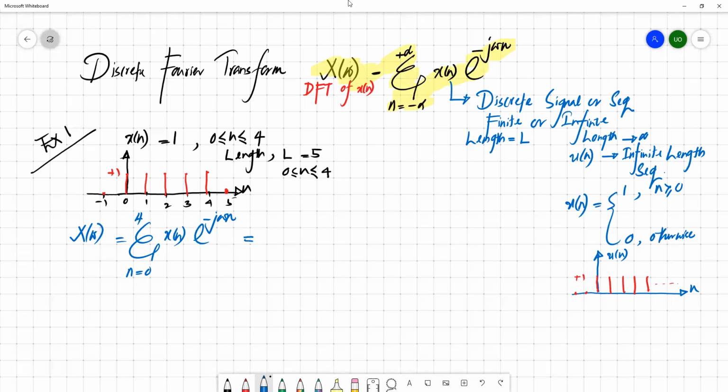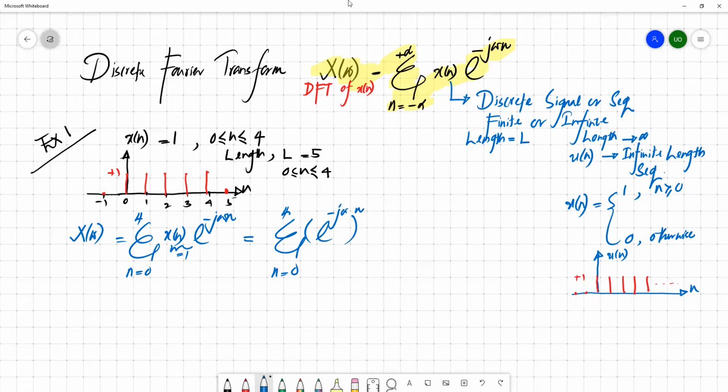Here we can substitute and simplify. The sum over n equals 0 to 4, where x[n] is 1, of e to the power minus j omega n. This is a geometric series, and you can take the sum of these finite terms.